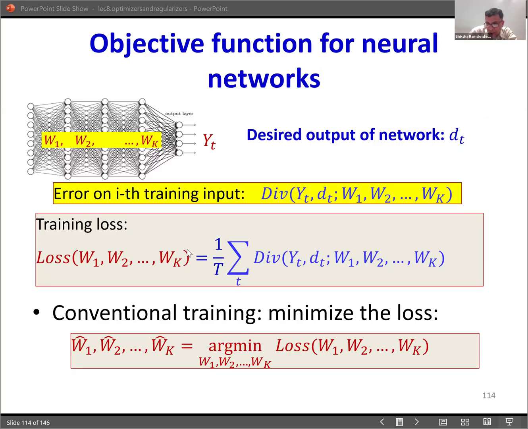And how do you force the weights to be low? So here's your standard loss. The standard loss was just the average divergence over all of the training instances in the network. The W's are the network parameters. In your conventional training, you're just going to minimize this loss.